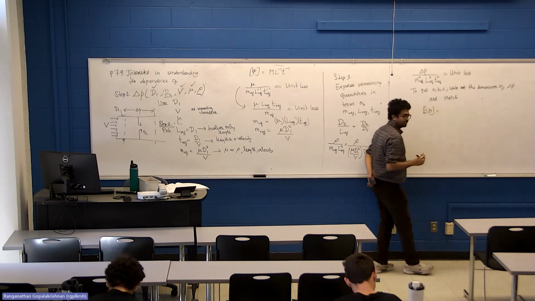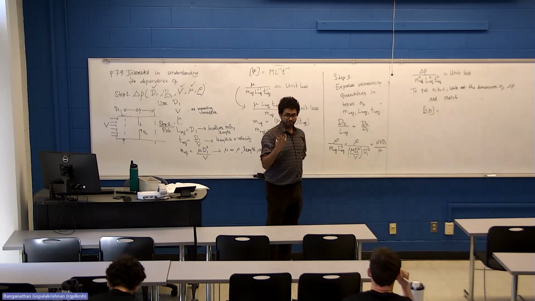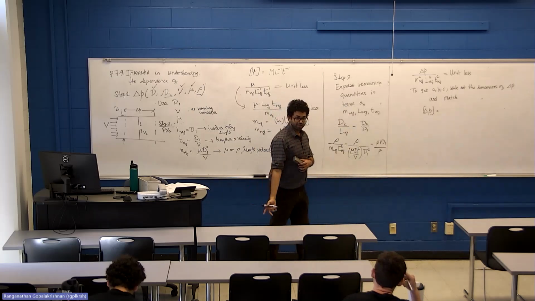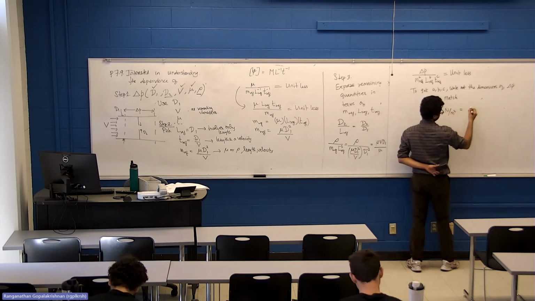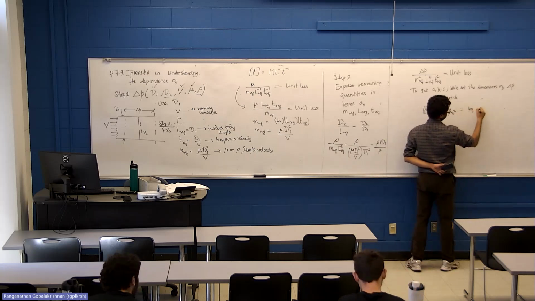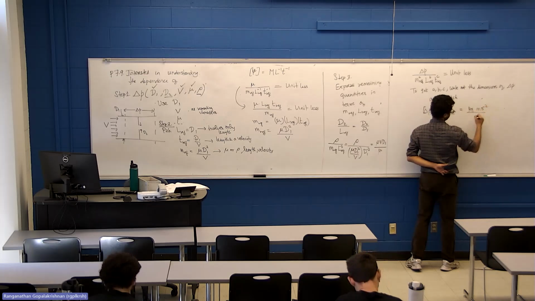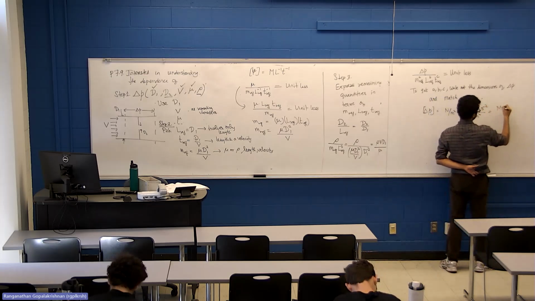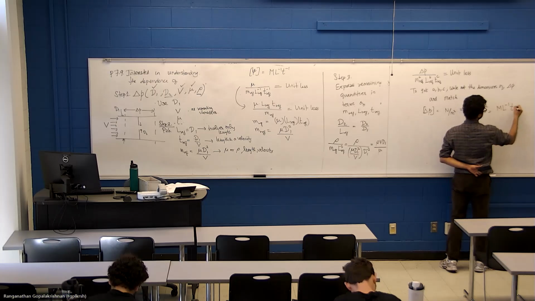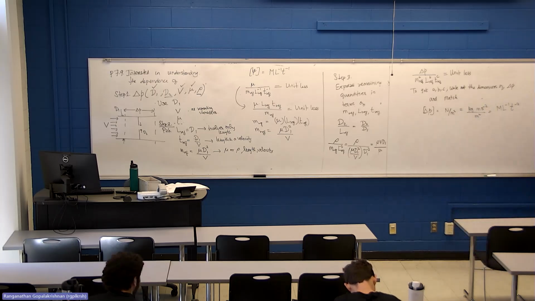What are the dimensions of delta P? It's pressure, it's normal stress, that is, Newton per meter squared. So it would have the same dimensions: kg, meter per second squared, per meter squared. So this would be mass per length times t to the -2.